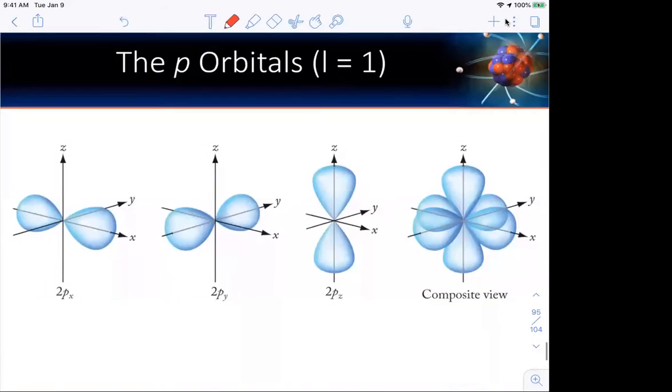Now notice that this is the composite view. These p orbitals are there all at the same time, so they make this overlay where I have the x and the y and the z orbitals represented by these individual p orbitals. So just remember, all these orbitals are building on top of each other, starting with the 1s.